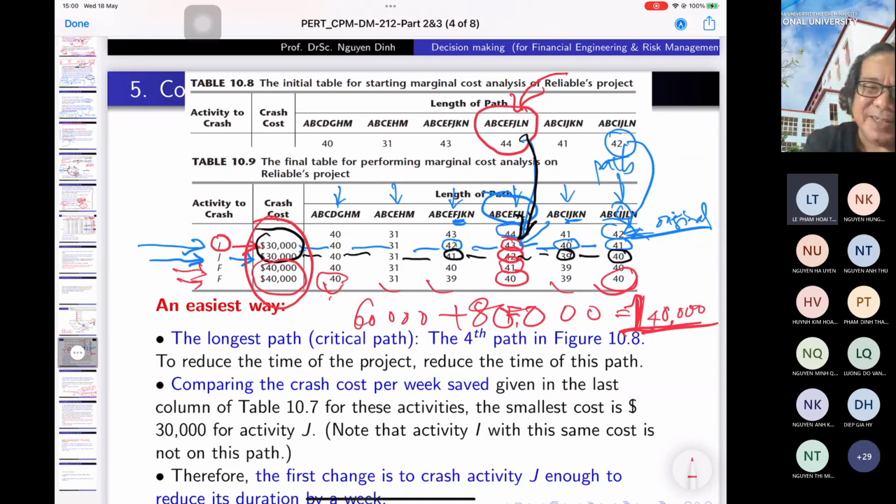Actually, we can get $10,000, but is it worth doing that? What do you think? You make a lot of effort to just get $10,000. Is it worth doing that?